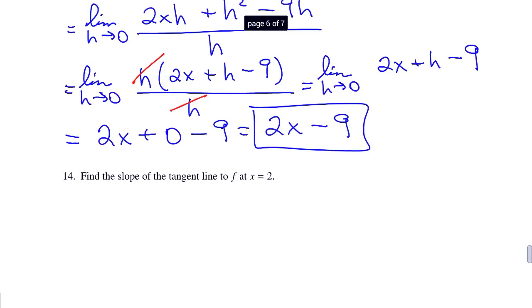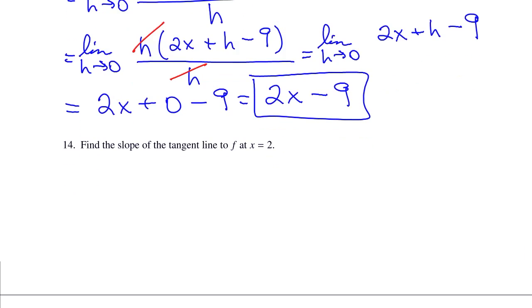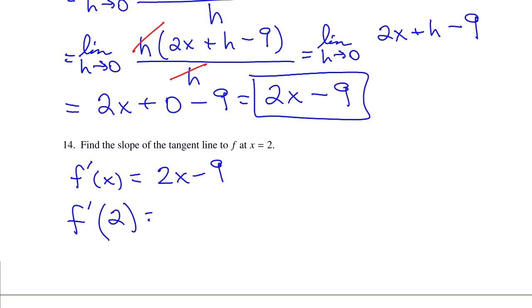Lastly, we want to find the slope of the tangent line to f at x equals 2. So we know that the function f prime of x is equal to 2x minus 9. So what we want is f prime of 2, which is 2 times 2 minus 9, which is negative 5.